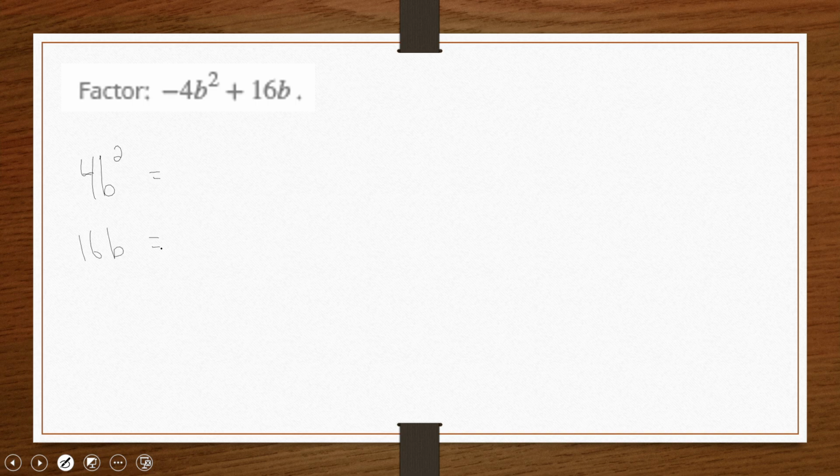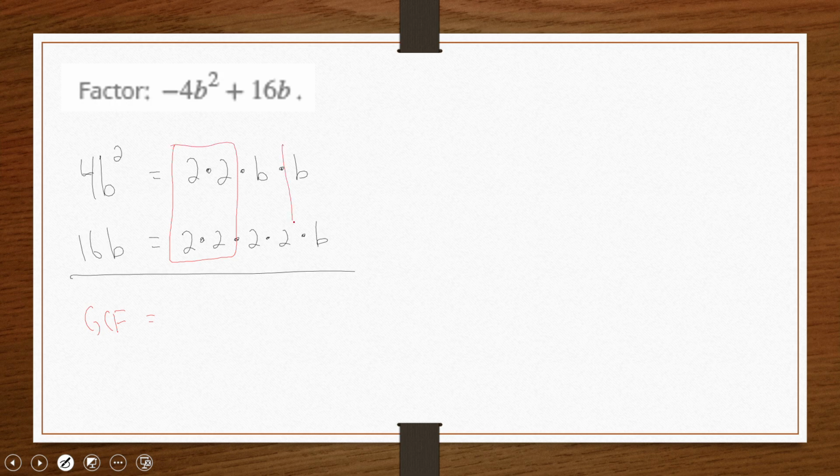4b squared is going to break down here nicely to 2 times b times b. 16b would be, again, 4 times 4, which is going to give us 4 2's in total, times a single b term like this. So my GCF, between these two terms, I have at least 2 2's involved and 1 b, which gives me a GCF of 4b.